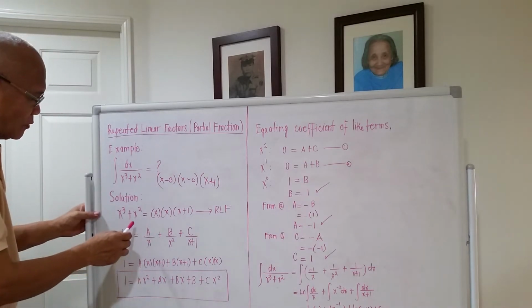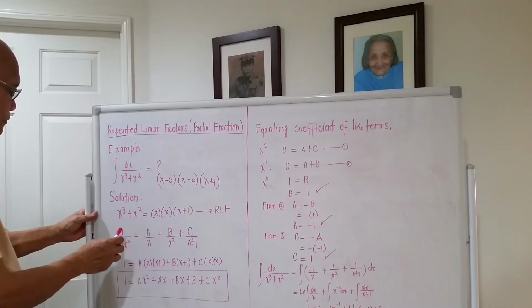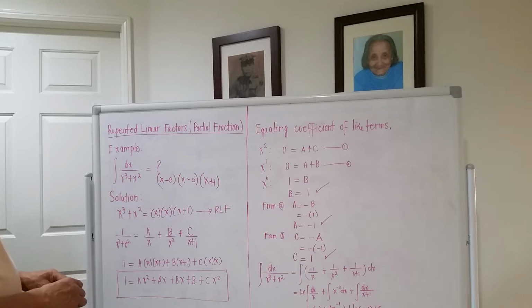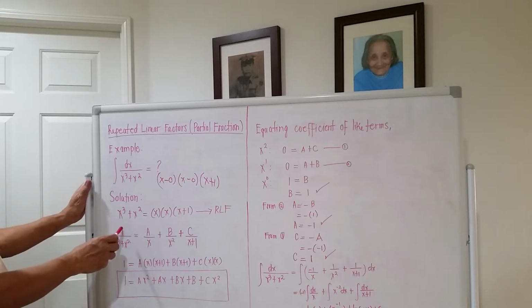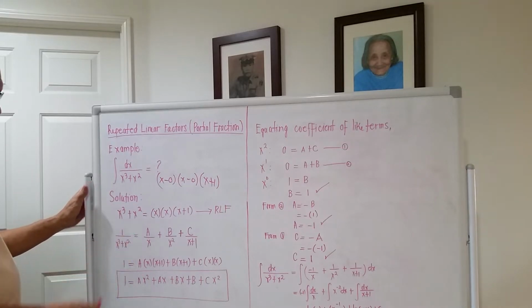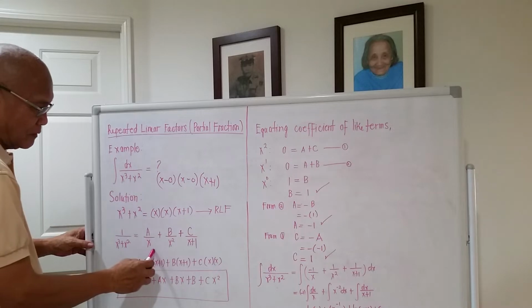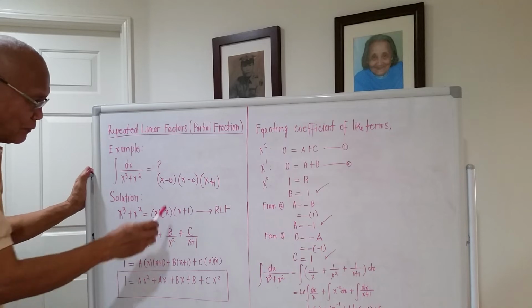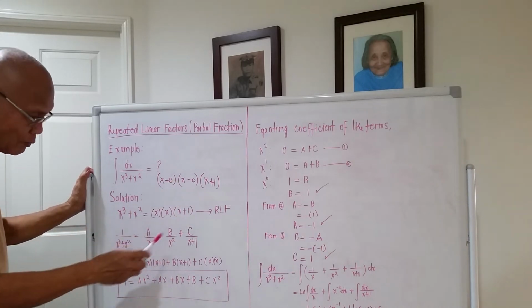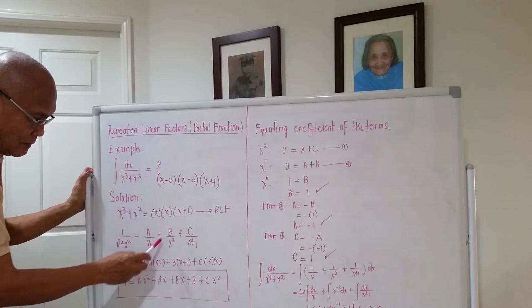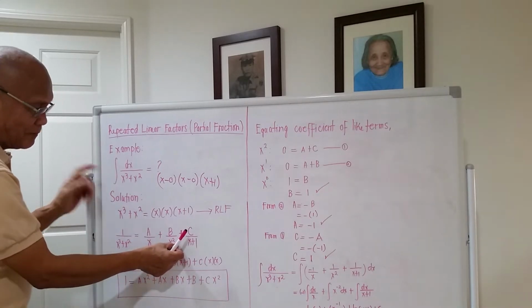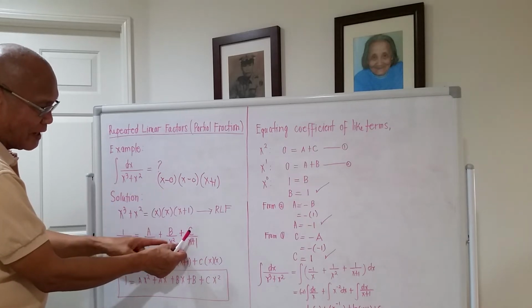So if we try to bring out the equivalent of this, 1 over x cubed plus x squared is equal to three partial fractions. For the repeated linear factor, the first one will be A over x. The second one will be B over x squared. We stop here because the highest power of the repeated linear factor is only 2.